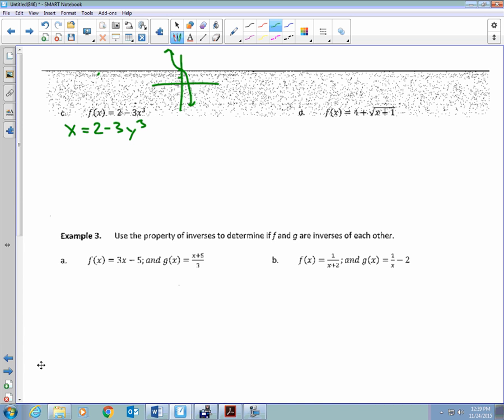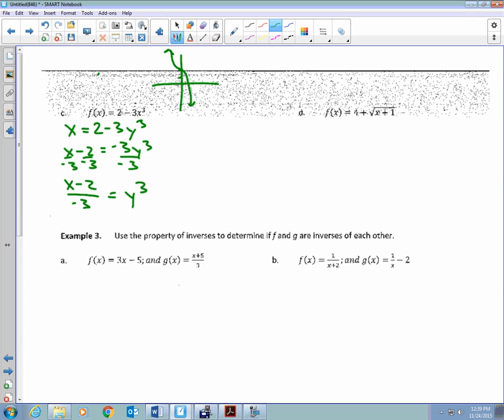How do I solve that? Solve for y by, so x minus 2 is equal to negative 3y to the third. Divide everything by negative 3. We'll do what Raylan did, and we'll say that x minus 2 over negative 3 is equal to y to the third.